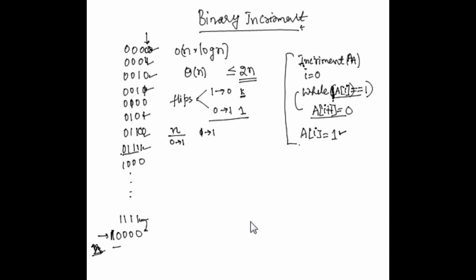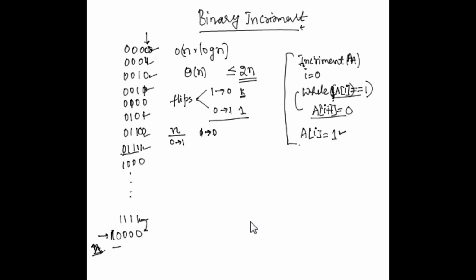So I want to look at how many ones are going to be changed to 0. In the first iteration, if you change 0 to 1, in the next iteration you have to come back and change it from 1 to 0. So every alternate iteration, the least significant bit will be changed from 1 to 0. The same logic applies for the second bit.